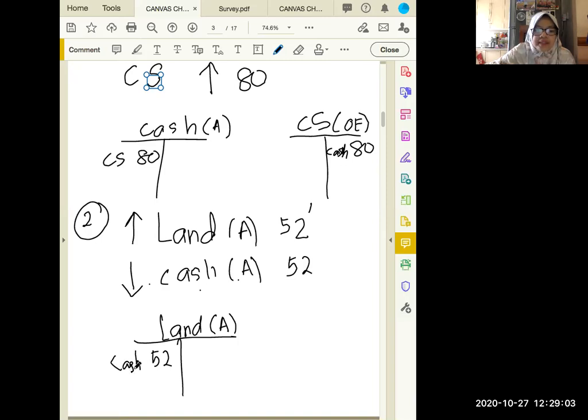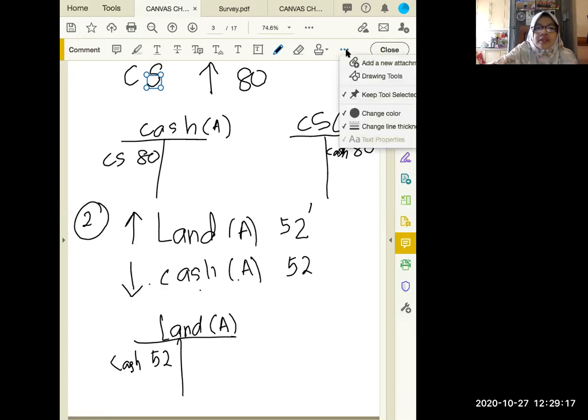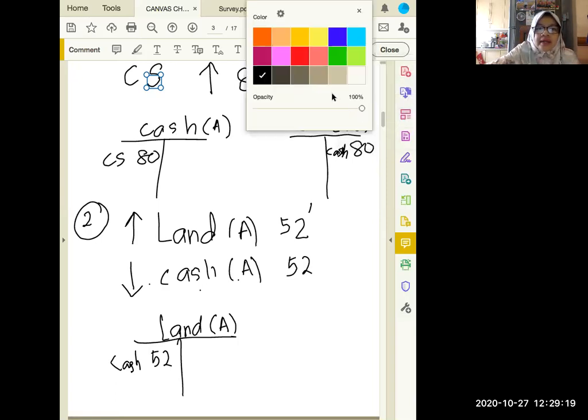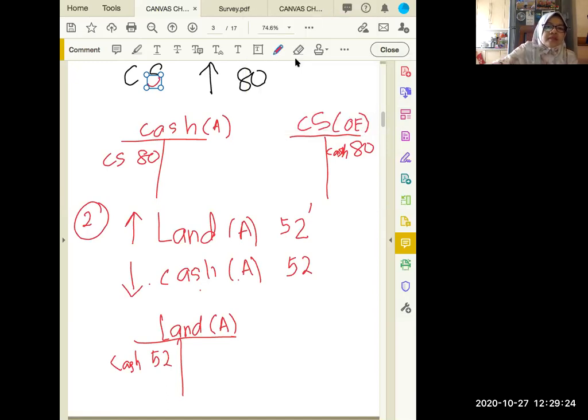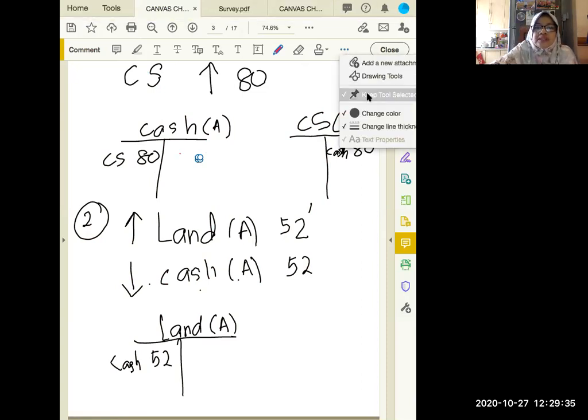So when you pay cash, it means that you are going to affect your cash account. And remember that you already have a cash account here. So you do not want to open new accounts if it's already there. So you might as well use the same account.